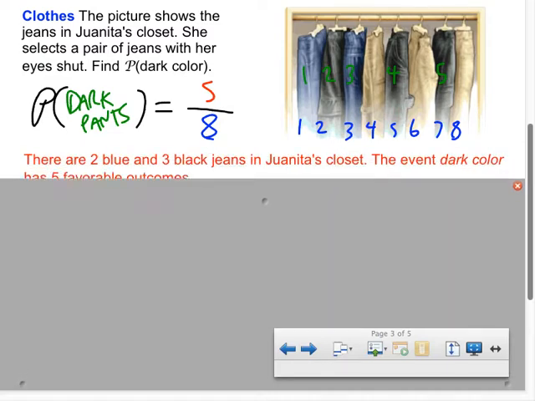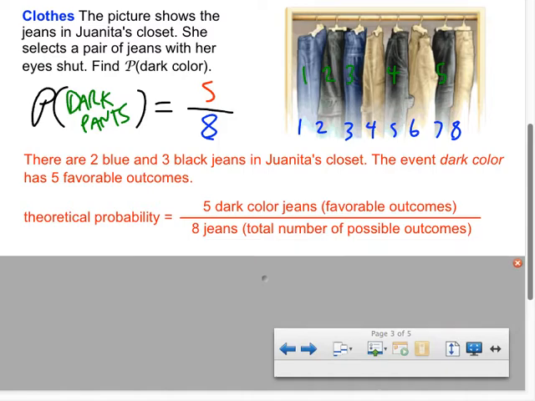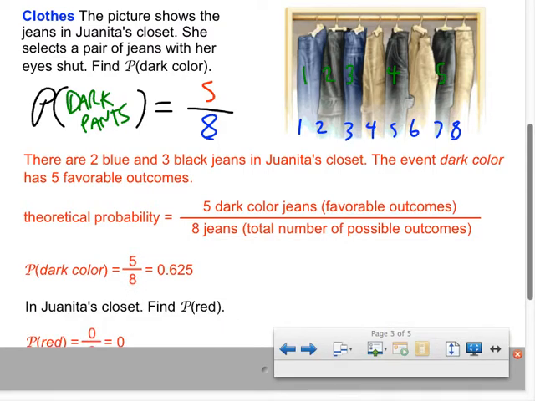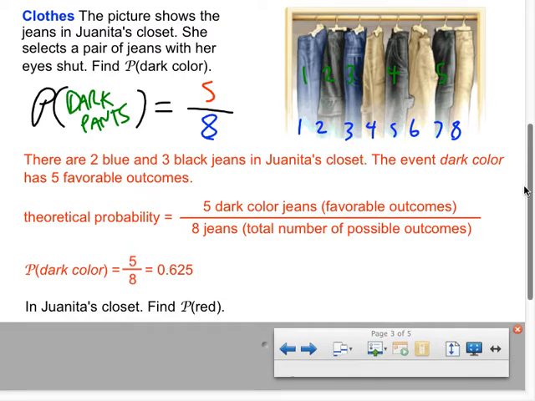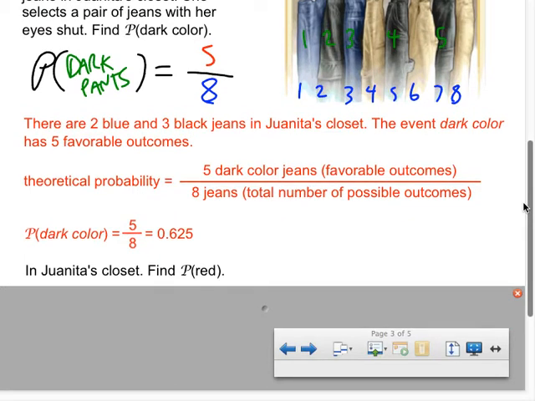The other ways, I'm not going to spend too much more time. And then if I needed to write this as a percent, what's this as a percent? And remember, if I'm making a percent, I'm going to move two places toward where the percent sign is going to be. So it would be 62.5%. So that's some review for us.